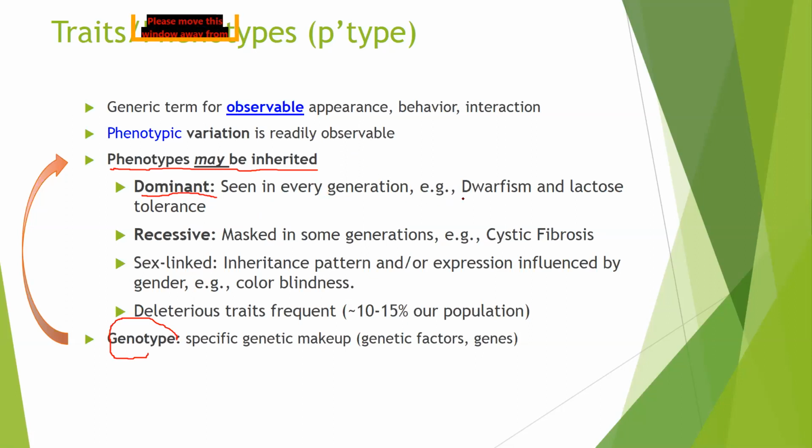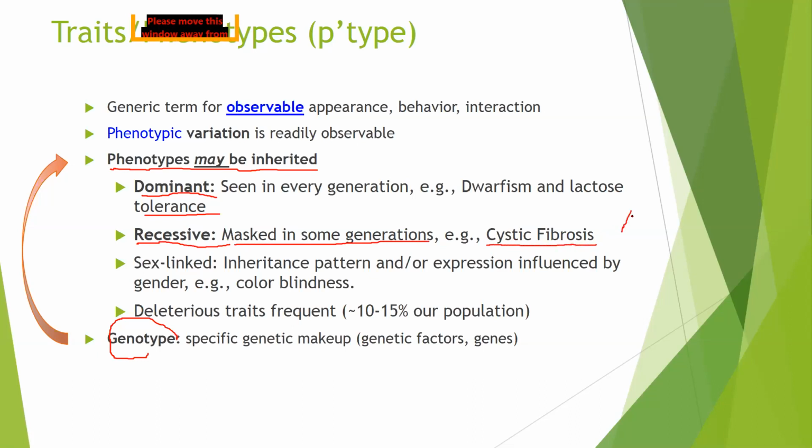In humans, some disorders like dwarfism or lactose tolerance show a dominant relationship between different alleles. And also the recessive. Recessive means some phenotypes will be masked in some generations. For example, this is a human disease called cystic fibrosis.